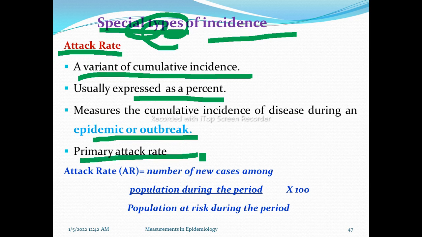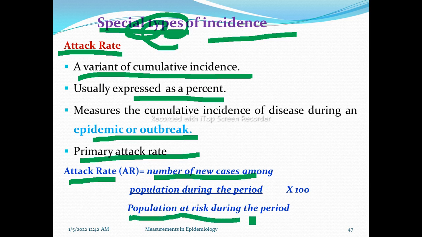We have primary attack rate and secondary attack rate. Primary attack rate is formulated as the number of new cases among the population during the period over the population at risk during the period, times 100 or 1000. This is similar to cumulative incidence, but the number of new cases is mostly due to an epidemic or outbreak.